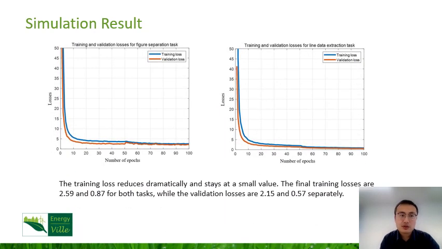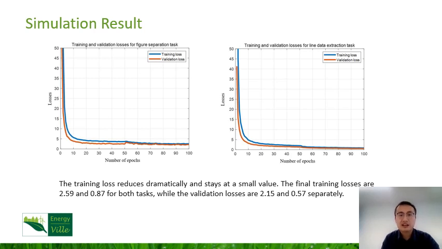The results show that the training loss reduced dramatically and stays at a small value. The final training losses are 2.59 and 0.78 for the two tasks, and the validation losses are 2.15 and 0.57 respectively.